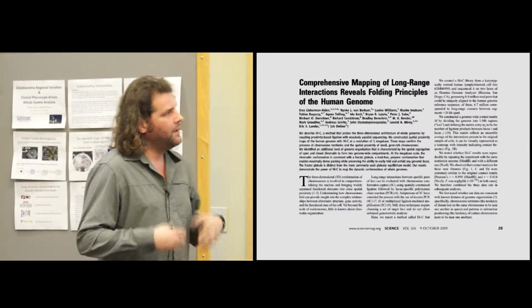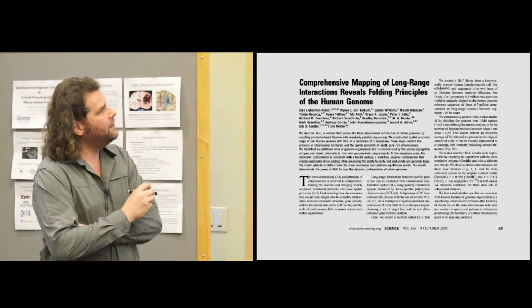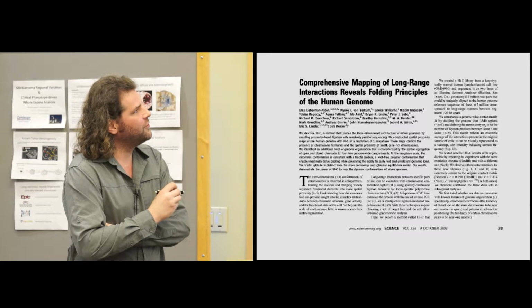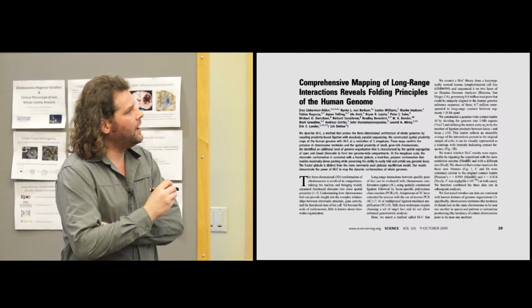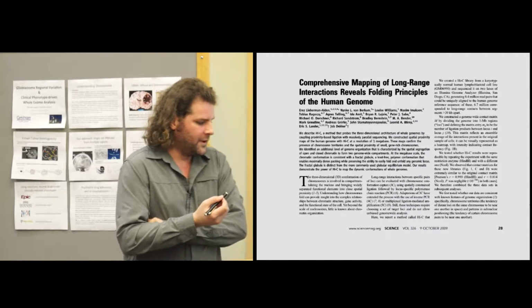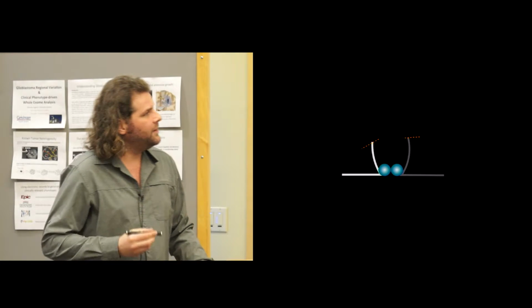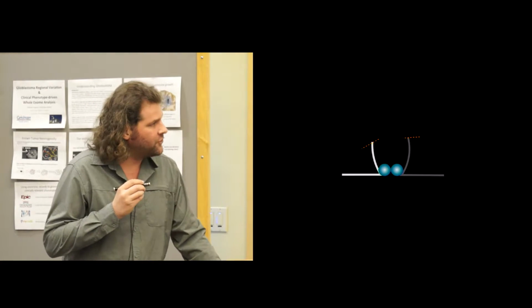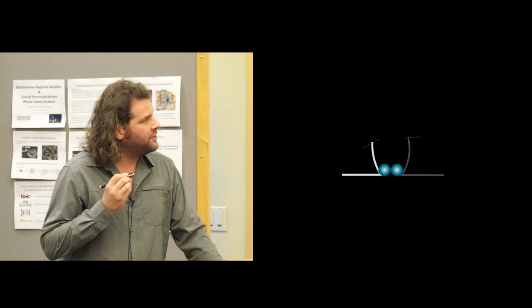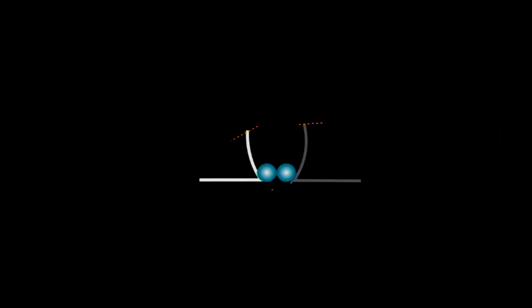And so in 2009, this pretty transformational paper was published, which took this technique and turned it into a genome-wide high-throughput assay. The key to this is actually modifying the 3C protocol at the point where we have, before we do the ligation, to do end filling with biotinylated nucleotides.